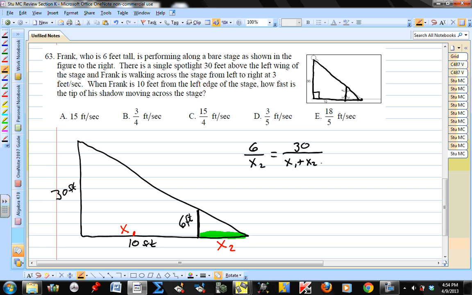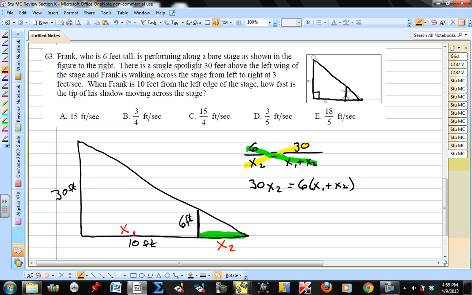This doesn't seem to help us very much. Let's see if we can clean anything up here. Let's cross multiply now. So we're going to have 30 times X sub 2, and that's going to equal 6 times the quantity X sub 1 plus X sub 2.